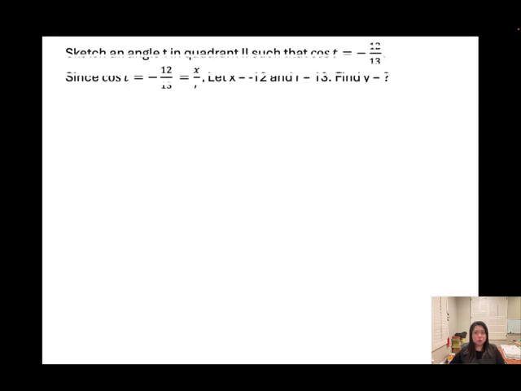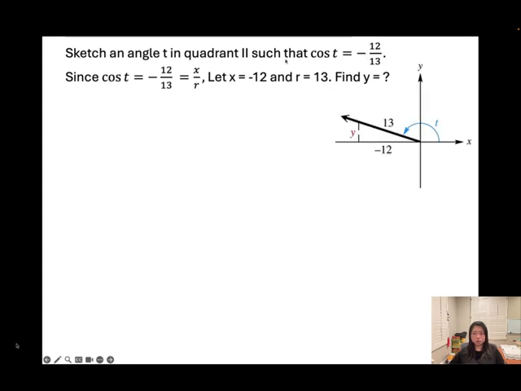And then we're going to do the same thing for cosine T equal to negative 12 over 13. Still, we are in quadrant 2. This time, we have to figure out what y is here. So I want you to try, plug it in, find what y is equal to.